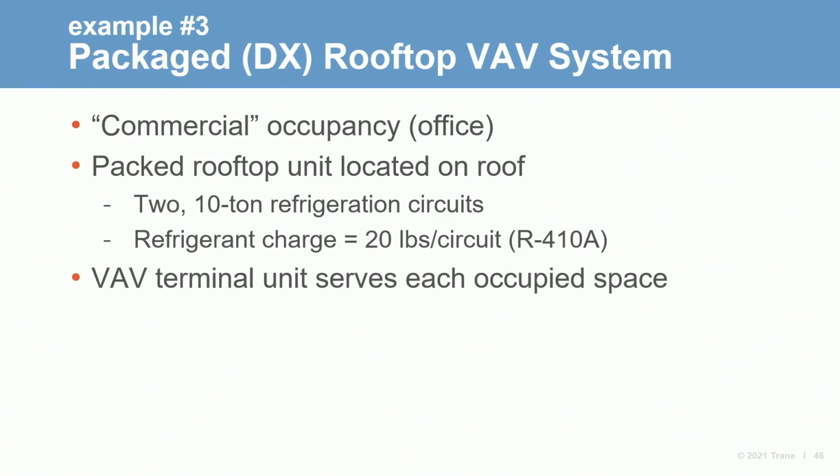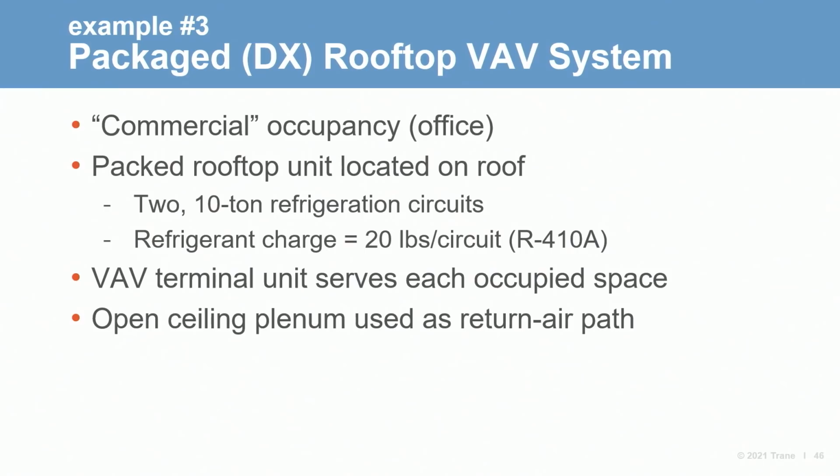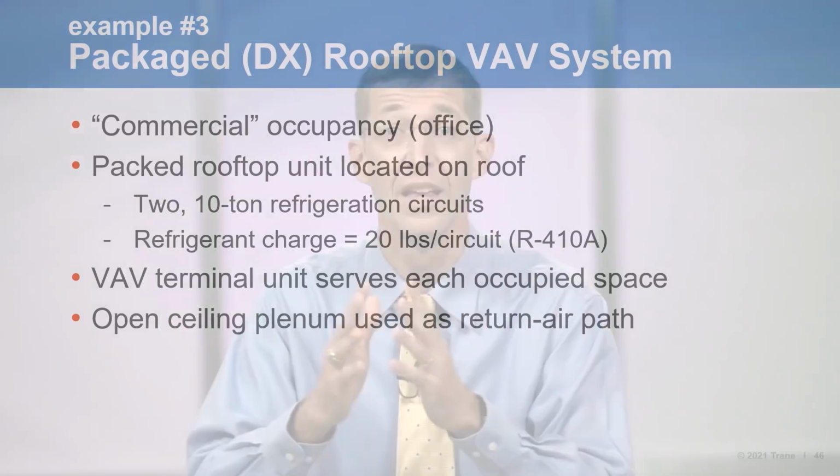Each space is served by a VAV unit, where the VAV boxes do not close below 10%. The system also uses a ceiling plenum return. This system is categorized as a high probability system because a leak by either circuit would discharge into the supply air and then to the occupied space.